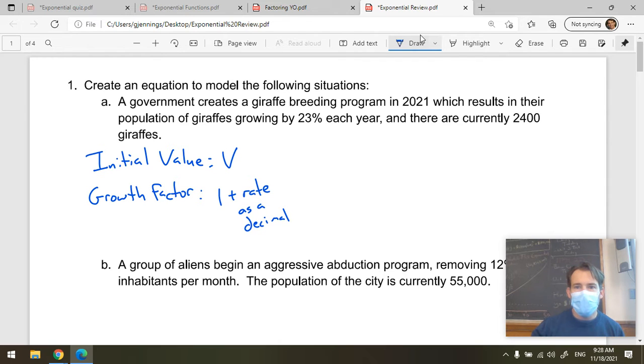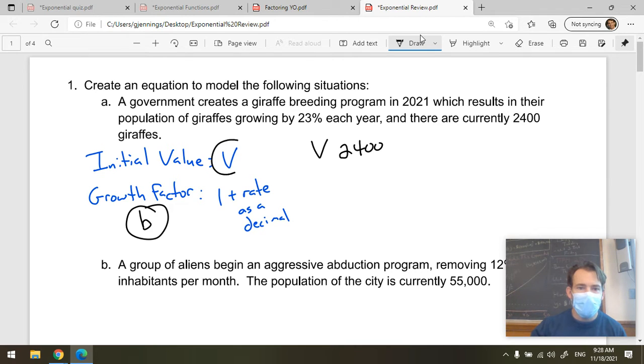So let's take a look at those things and what they are for this situation. So our V is 2,400, all right? Our growth factor, we usually call growth factors B, okay?